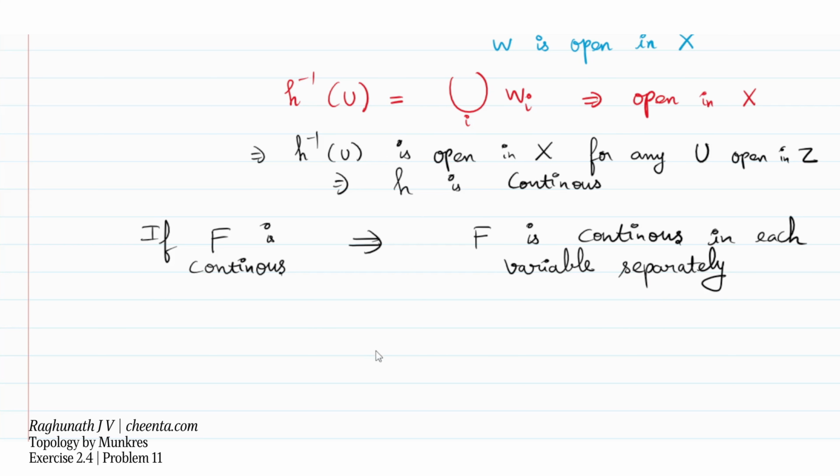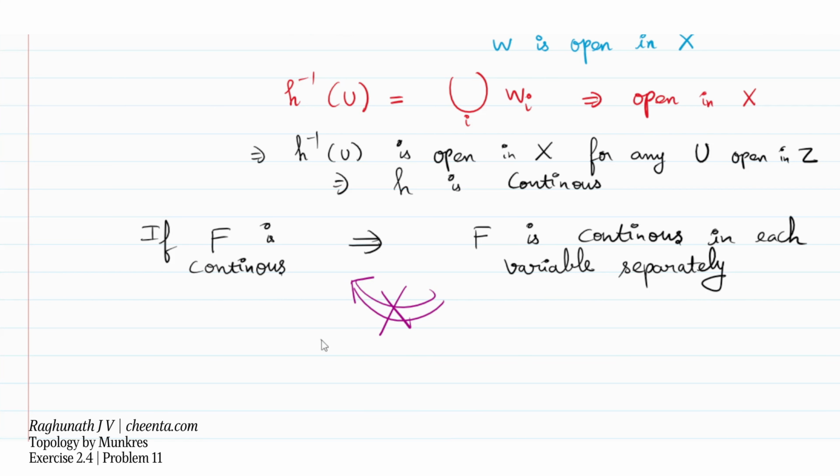Now, is the converse true or false? That's our next thing that comes to mind. It turns out that the converse is not true. That is, if F is continuous in each variable, then capital F need not be continuous at all.